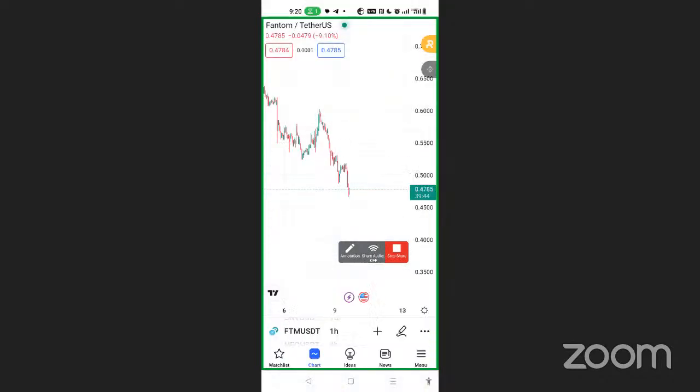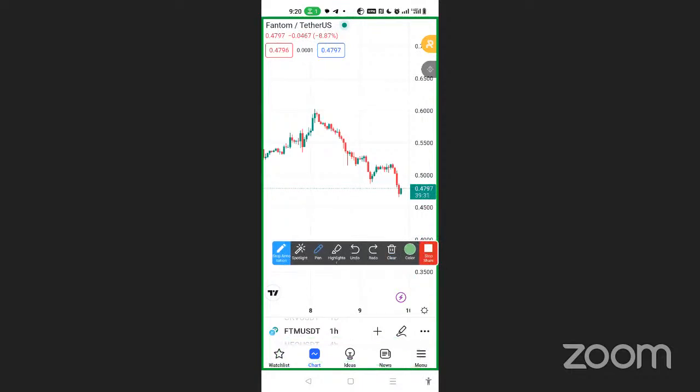So when you have done that, then your screen will look like this. If you have finished that step and still your trading view may not be looking like mine, you need to go through the second step, which is to tap on this thing here.